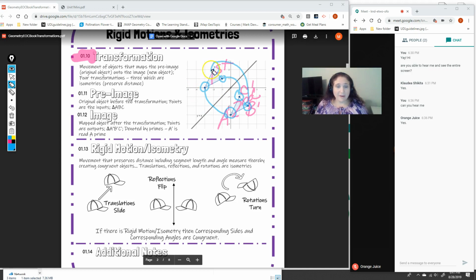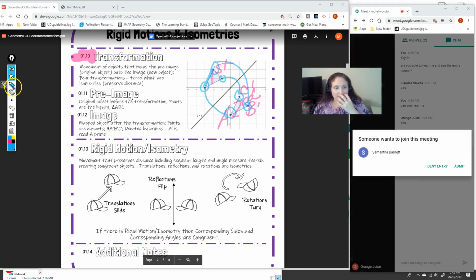Other things to think about is because they map, as long as it's one of our big three transformations, which are isometries, rotation, reflection, translation, then what you want to do is AB is congruent to A prime B prime, and BC is congruent to B prime C prime. So we kind of went over that earlier today.